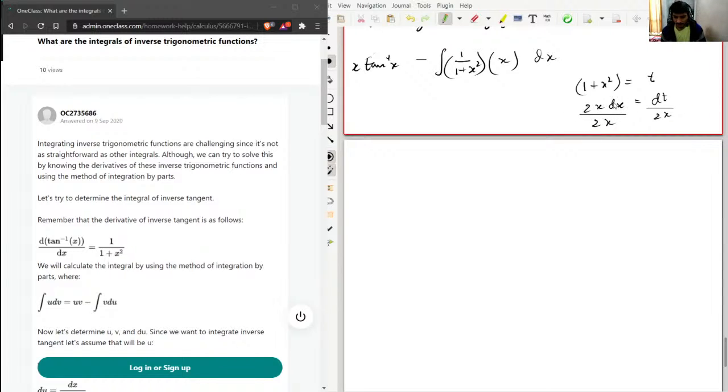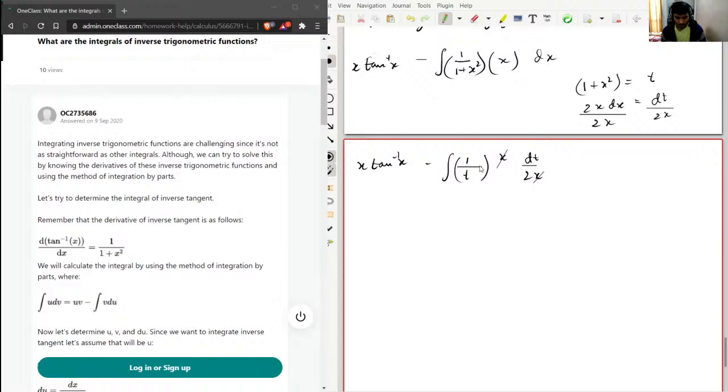So this will give me the value of dx. So I'll just substitute these values now. So this will be x tangent inverse of x minus integral, and this 1 plus x square is t. So this will be t x, and dx will be dt by 2x. I can cancel this x and x.